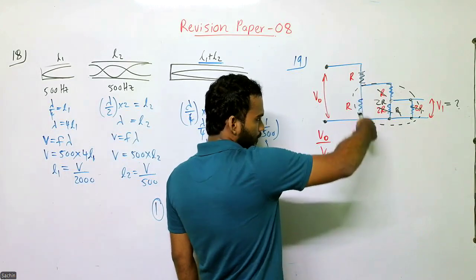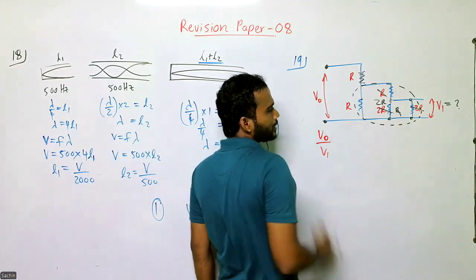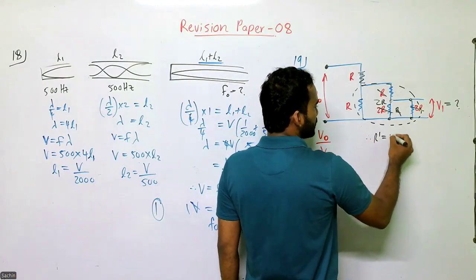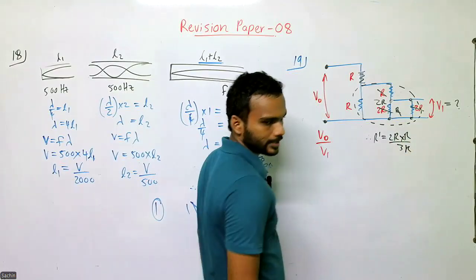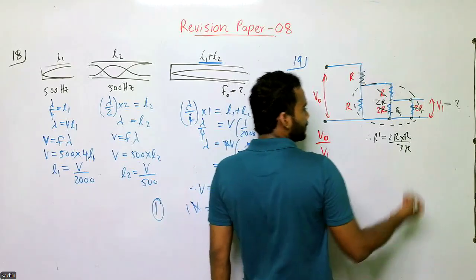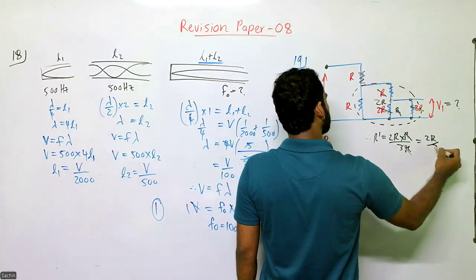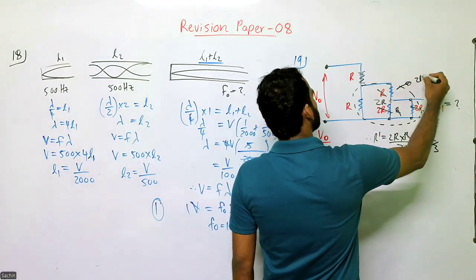So this 2R with this R again in parallel. So the equivalent value, if I take as R dash, it should be 2R times R divided by 3R, right? Product divided by sum. When they are in parallel, product divided by sum. 2R over 3. Okay, the single resistor which can replace this whole system is 2R over 3.